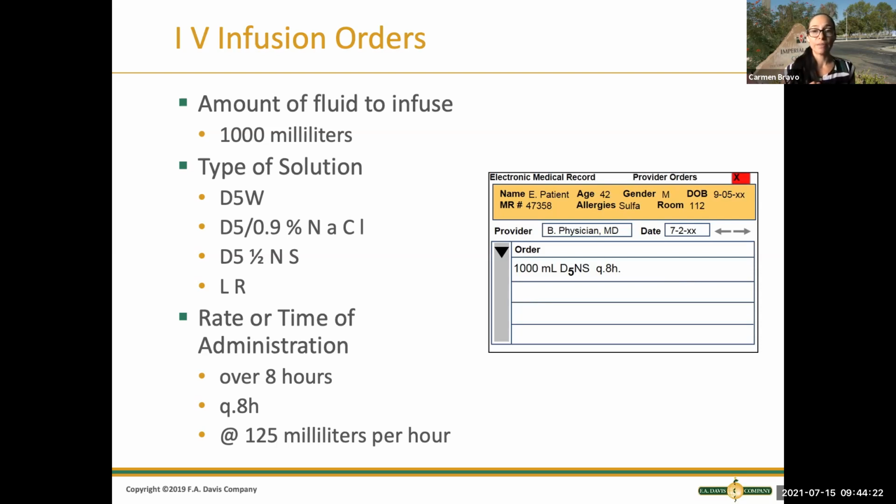And again, we have to think maybe the patient's not eating, not having anything by mouth or any fluids. The majority of our bodies is fluid, so we need fluid to keep maintaining our bodies, our systems. So that's a maintenance type of fluid. This is a pretty common order.